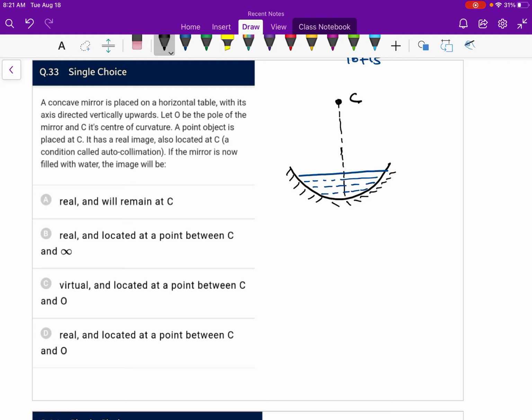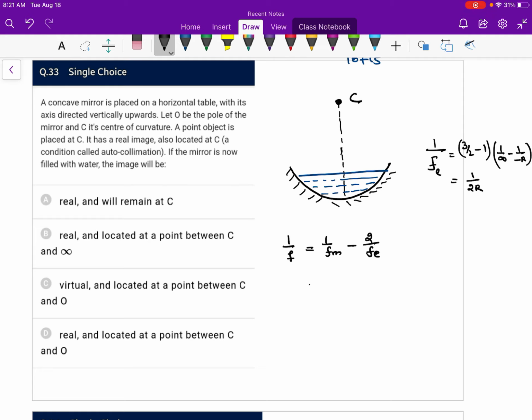Okay, so 1 by F is 1 upon Fm minus 2 times 1 upon FL. Now 1 upon FL is (3/2 minus 1) times (1 by R1 minus 1 by R2), so this is 1 by 2R.